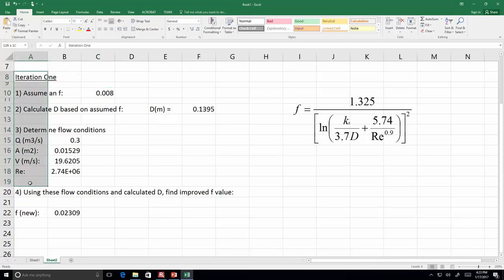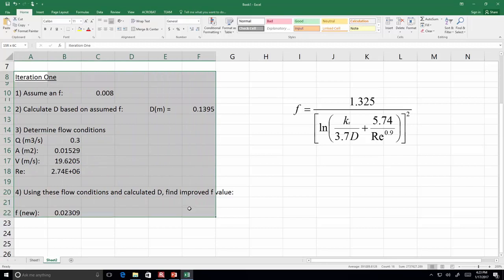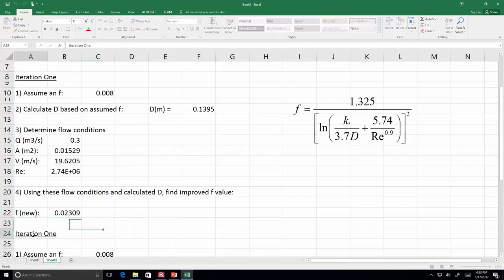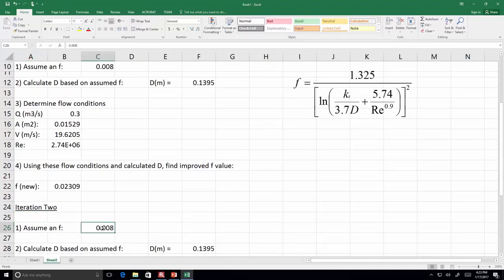So I'm going to copy all of this, Control C, and then Control V to paste. I'm going to rename this iteration 2. Now, this assumed value of f, instead of having the 0.008 from before, I'm going to just have equals and use my old value, the one I calculated in the previous step, as the input.